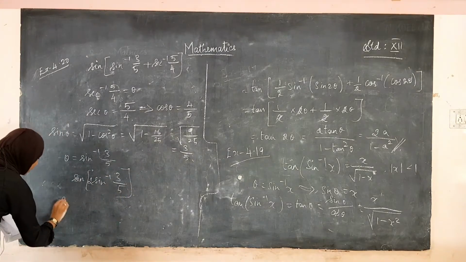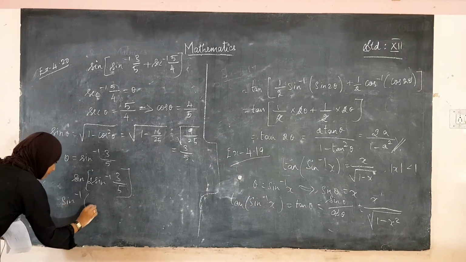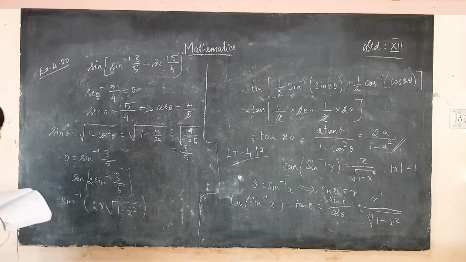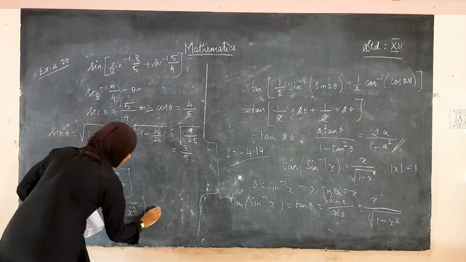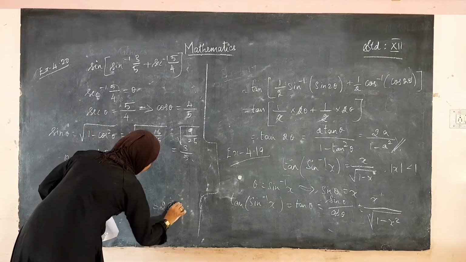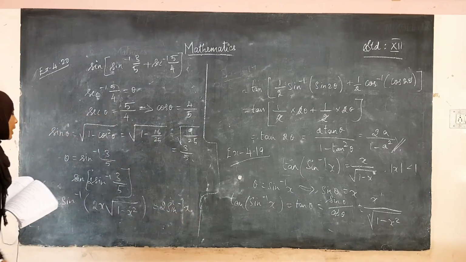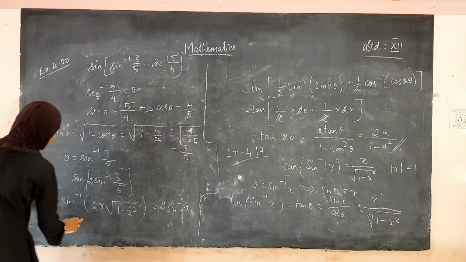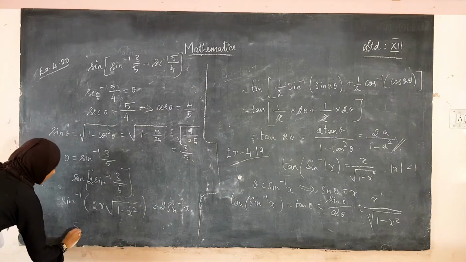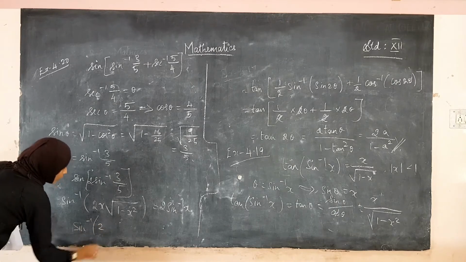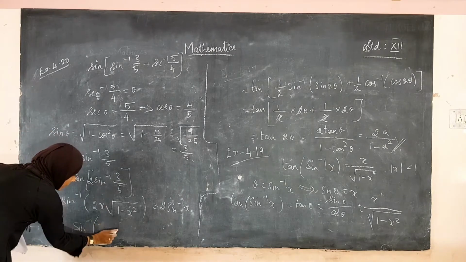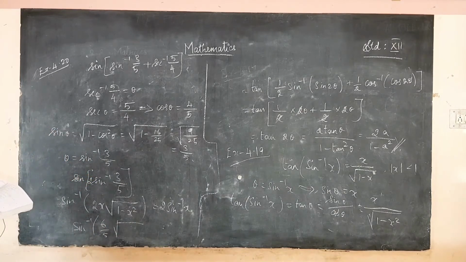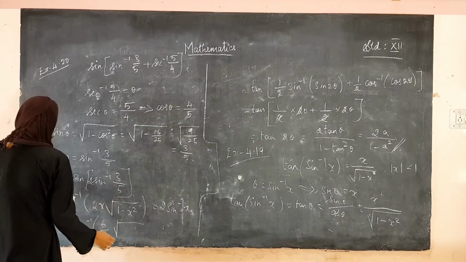Okay. We know the formula: 2 into sin inverse of x is equal to sin inverse of 2x into root of 1 minus x square. Shall we write like this? See, 2 into sin inverse of 3 divided by 5 can be written as sin inverse of 2 into, what is x here? 3 divided by 5, that is 6 divided by 5 into root of 1 minus 9 divided by 25.